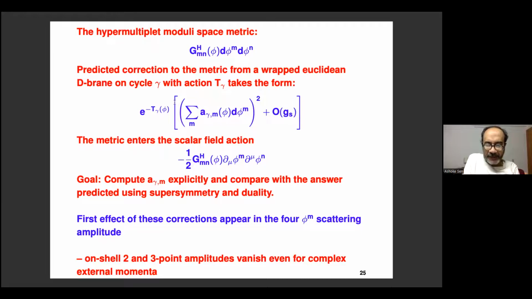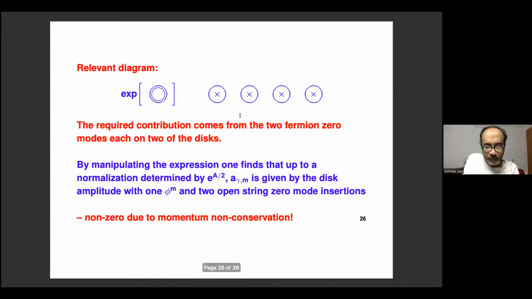But at the end of it, and this is the simplicity of the result, up to this normalization factor, e to the a by 2, because e to the a has to be distributed into these 2 disks as e to the a by 2 here and e to the a by 2 there, the A gamma m that you saw is directly given by the disk amplitude with 1 phi m and 2 open string zero modes.